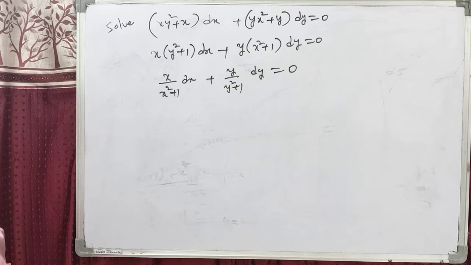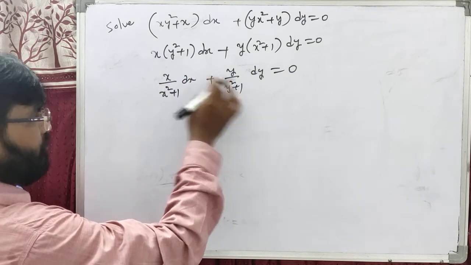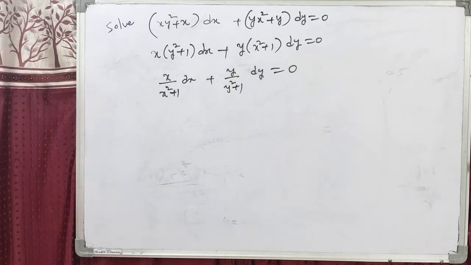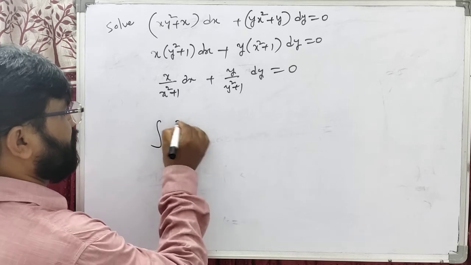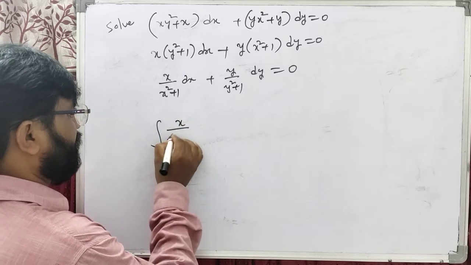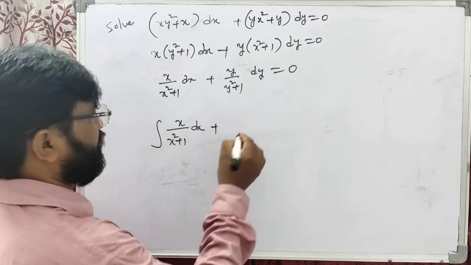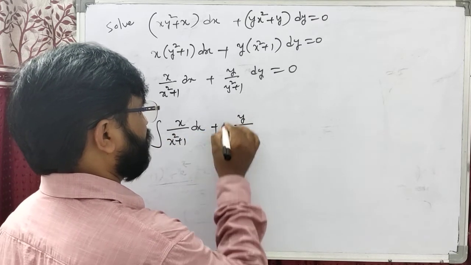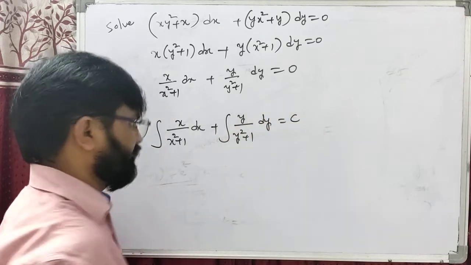So what do we do, students? When we take the LCM here, x(y^2 + 1), y(x^2 + 1). After that, applying the integral on both sides, this is the integral of x/(x^2 + 1) dx, then also the integral of y/(y^2 + 1) dy equal to a constant, students.